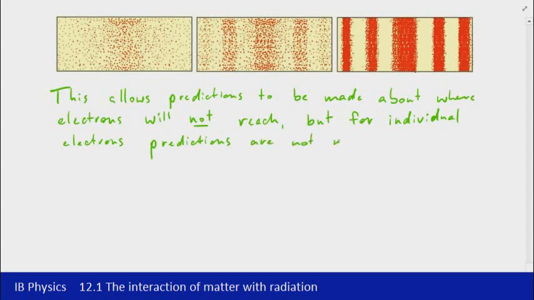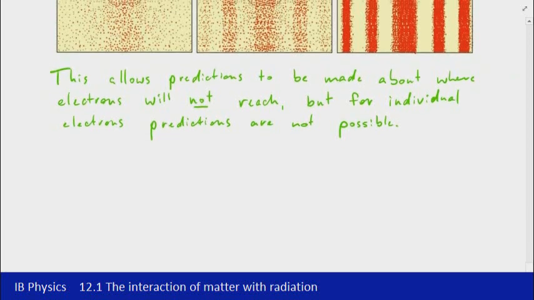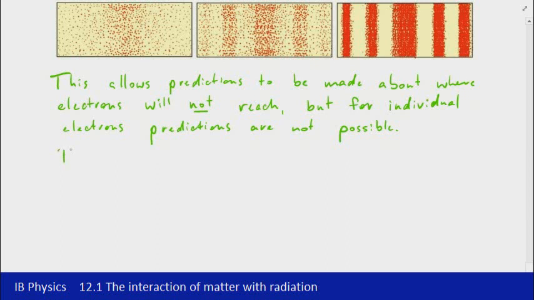What we can do though is, if we analyze the spread of electrons over time, we can consider that diffraction pattern as being a bit of a probability distribution, I guess.